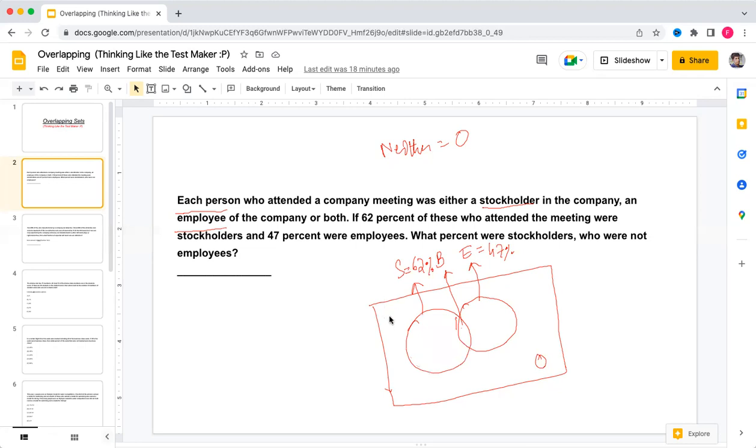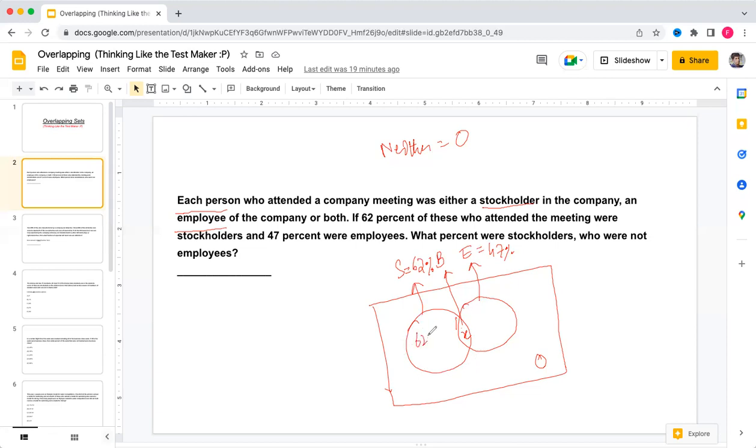Now the best way is to try to solve this using the Venn diagram. Consider that the persons who are in both stakeholder and employee, let's call that X. Now, if this is X, what will be the only stakeholder portion?